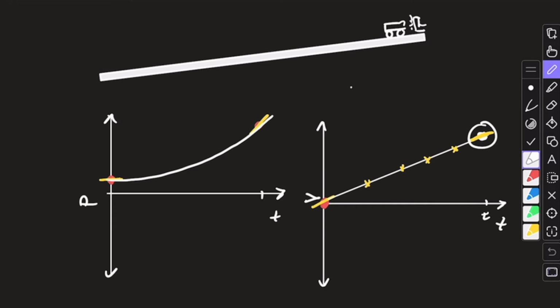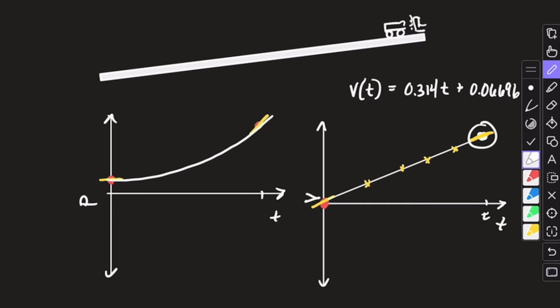So as a model goes, v is a function of t. Should have 0.314 t plus 0.06696. That's our model.